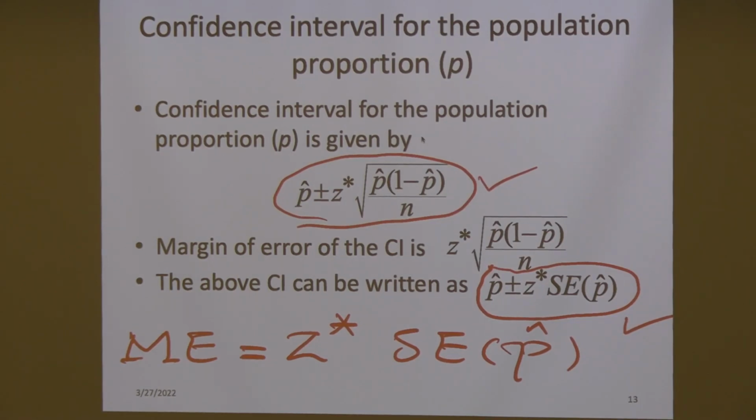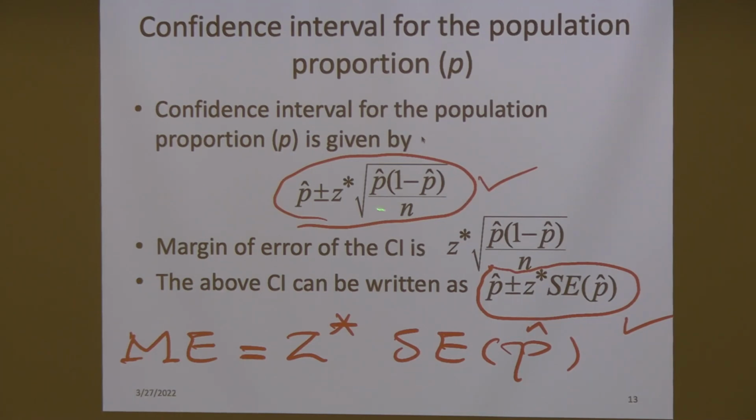The confidence interval formulation is quite simple. The confidence interval is the sample statistic, it can be the sample proportion or the sample mean, plus minus the margin of error for that. Okay, that is going to give you the confidence interval. Here, the margin of error is Z star times the standard error, right?